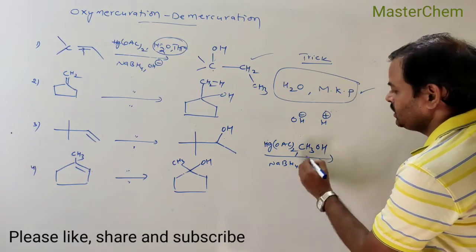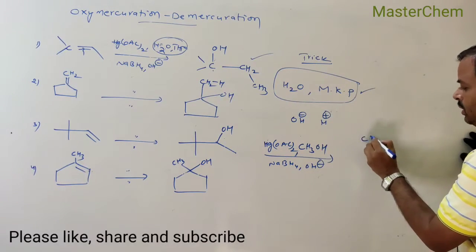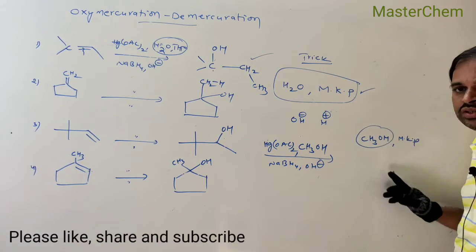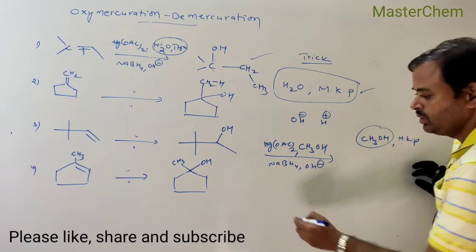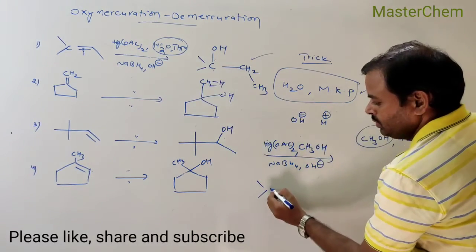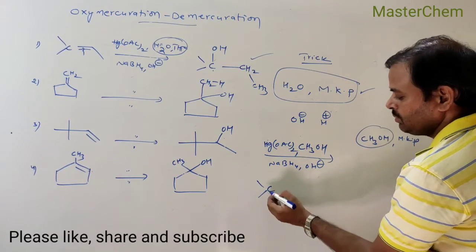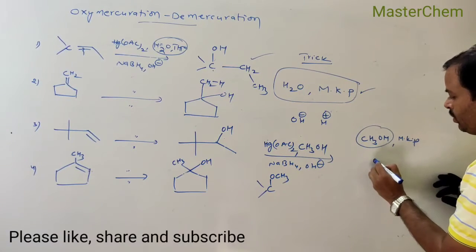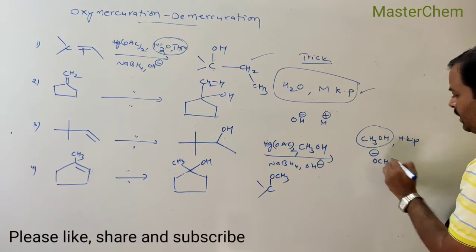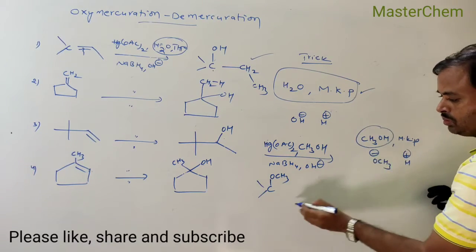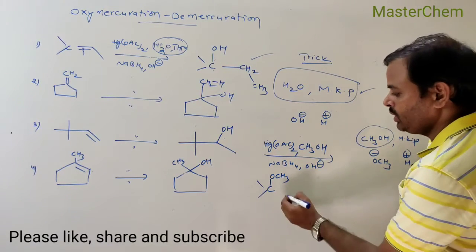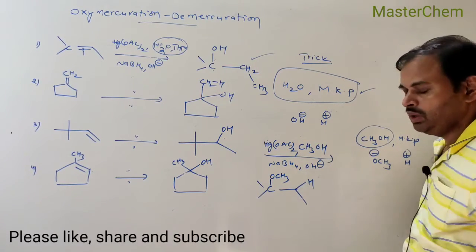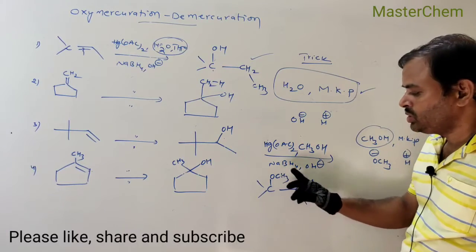So just like H2O, CH3OH addition, Markovnikov's product. For the first compound, this carbon is having less number of hydrogens. That's why here OCH3 minus and H plus. Okay, the negative part should be on the carbon which has less number of hydrogen atoms, and at this carbon atom H will be attached. Okay, so HOCH3.